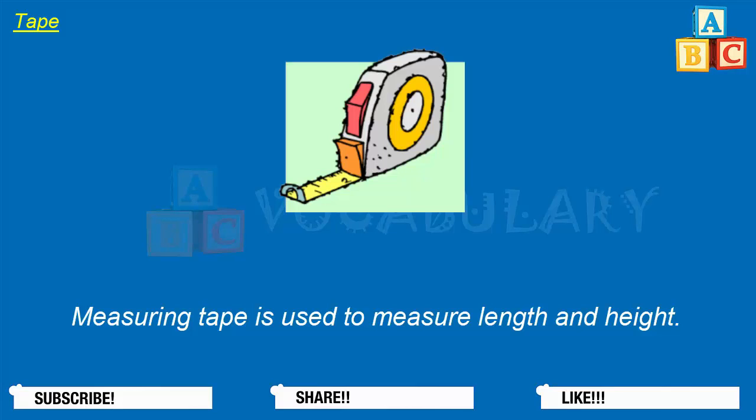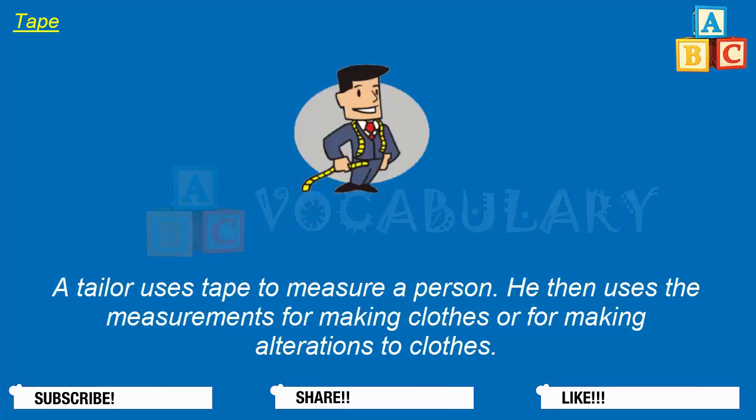Measuring tape is used to measure length and height. A tailor uses tape to measure a person. He then uses the measurements for making clothes or for making alterations to clothes.